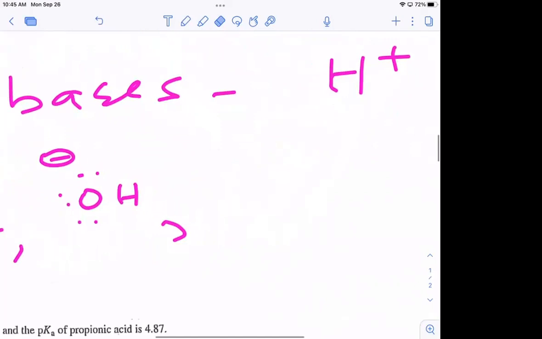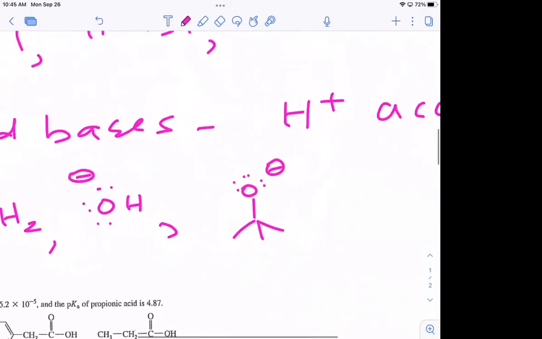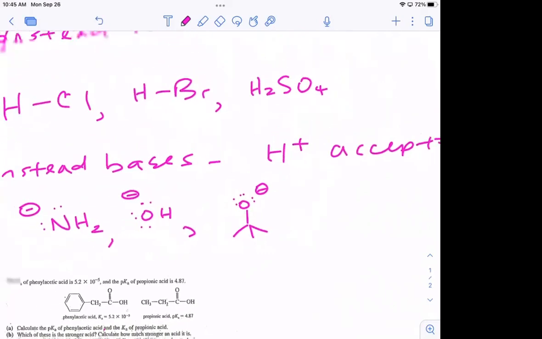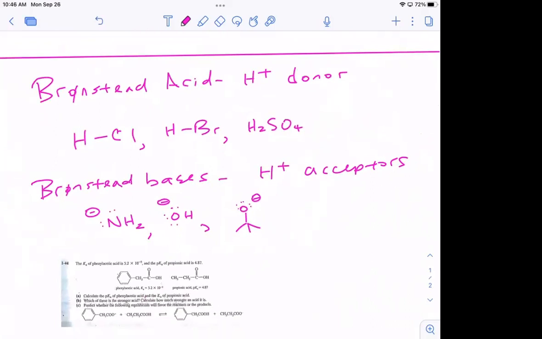You can also have other types of bases, like the tert-butoxide anion, so on and so forth. So it depends on what the base is. The definition of a Bronsted base is that it's a proton acceptor. It can pick up H plus from an acid.